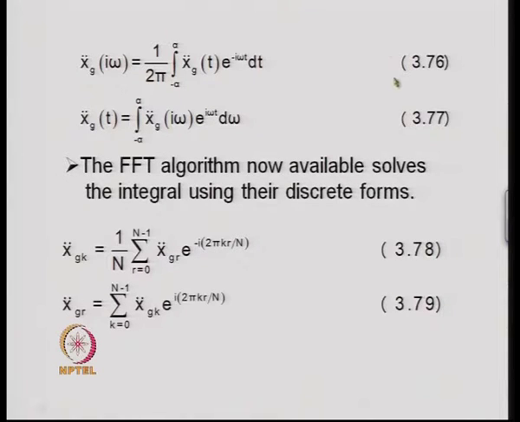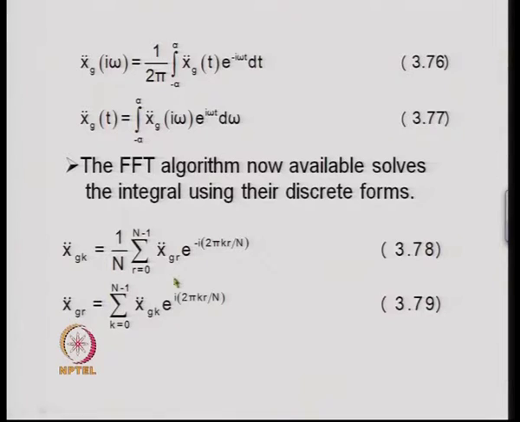Once we give the x double dot gr, that is the ground acceleration sampled at delta t interval, and put it into FFT, then the FFT gives us a frequency contents of the ground motion in the complex form, and if that frequency content in the complex form is given in IFFT, then the IFFT gives back the original time history of ground acceleration.